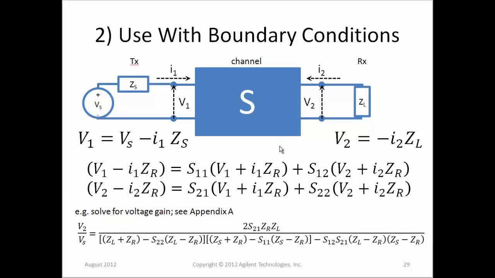So don't get confused about this ZR thing. They're only physically present in the test setup. Otherwise, when you're using them, the ZR, the reference impedance, is an algebraic concept, and there are no physical ZRs anywhere in this system. There are no transmission lines with a characteristic impedance of ZR. There are no sources or loads or anything like that.